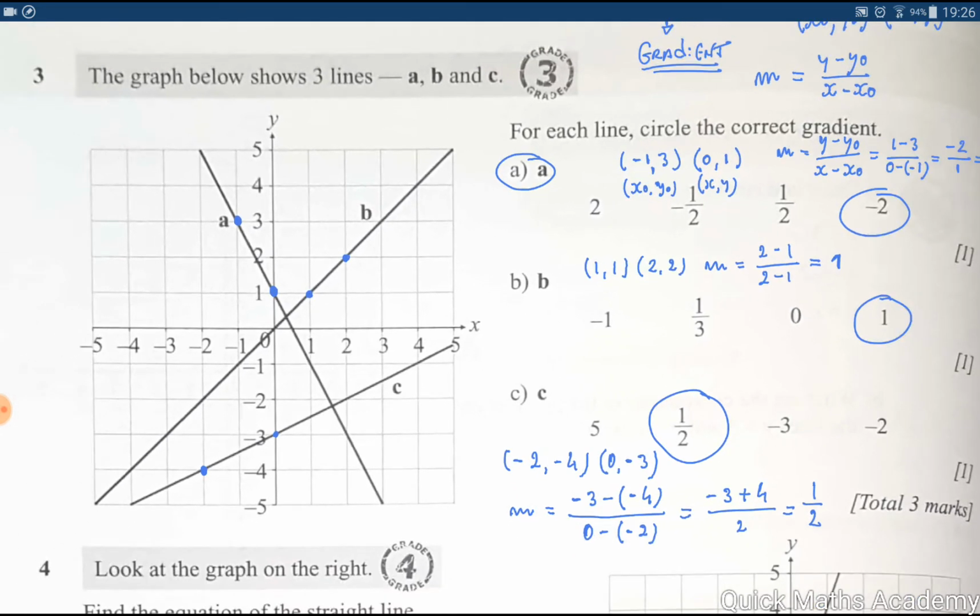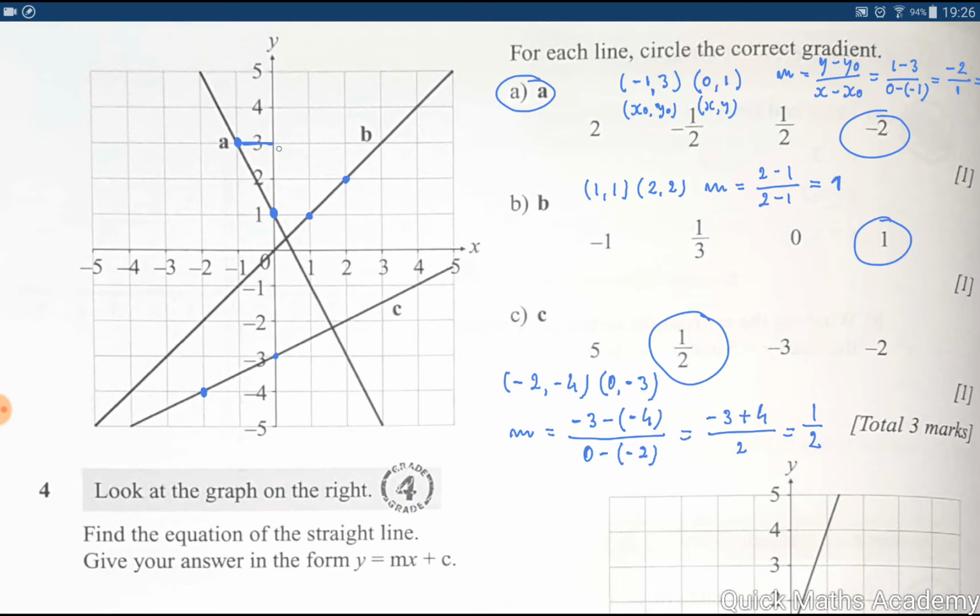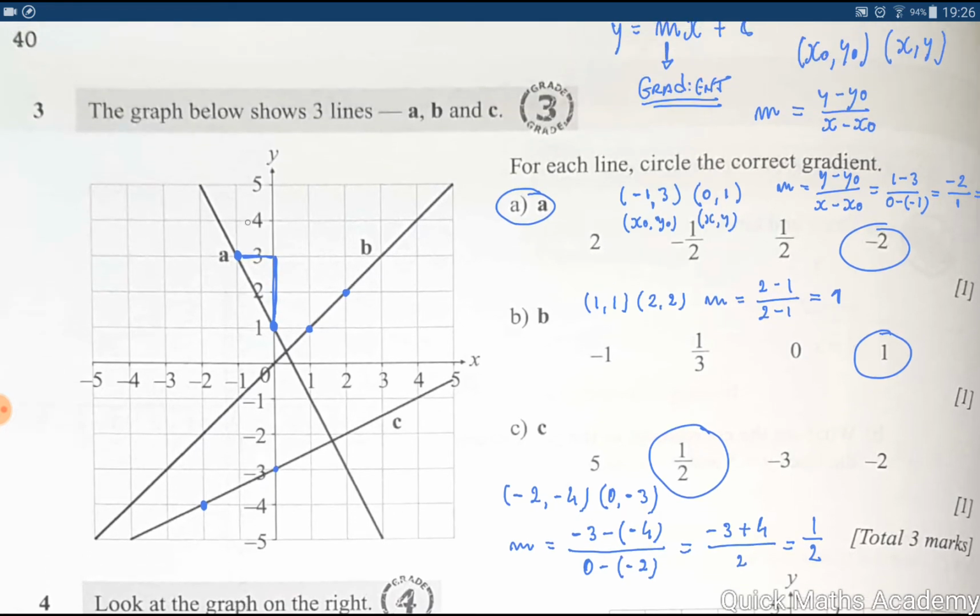For example, from this point here, which is -1, 3, to this point here, which is 0, 1, I only moved 1 x, but I have moved 2 y's, and I did that in a negative inclination.